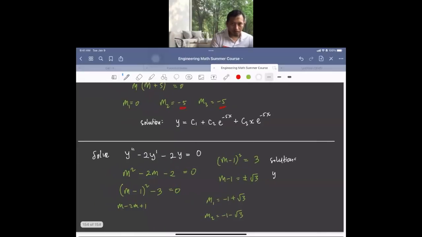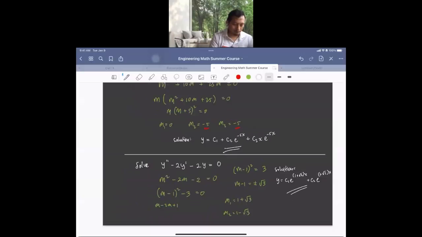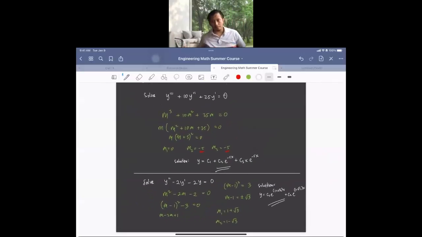And this is not a repeated root, so we can write the solution. y is C1 e to the power of 1 plus square root of 2 x, oh, it is positive, sorry, plus C2 e to the power of 1 minus square root of 2 x. Okay.